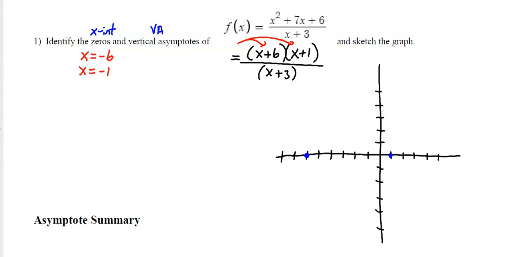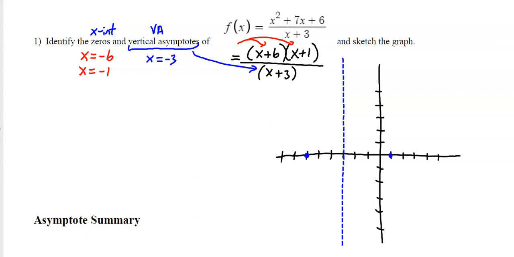And looking at my vertical asymptote, the vertical asymptote comes from when there's a problem on the bottom. Well, there's a problem on the bottom when x equals -3. So there's going to be a vertical asymptote right there at -3. So let's put it on there. Okay.